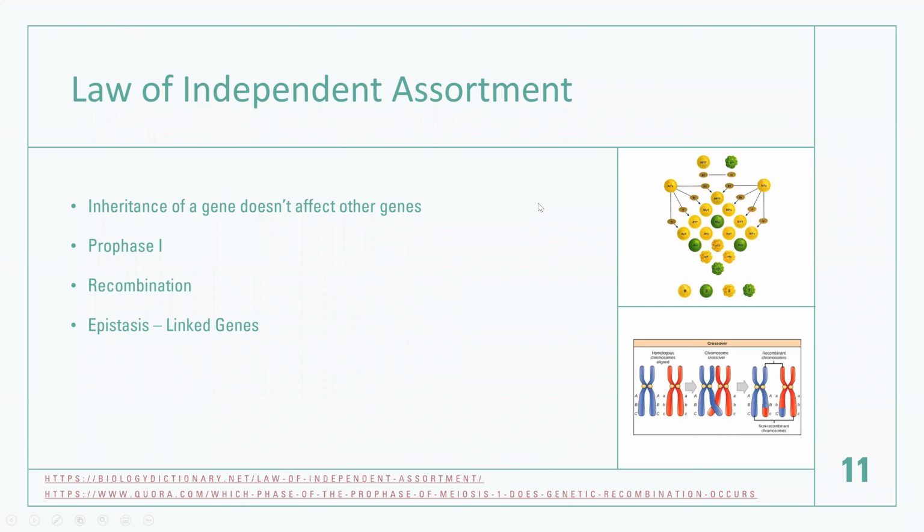This second law really depends on a couple important concepts of our chromosomes. Our chromosomes have centromeres. It is at these centromeres that our chromosomes are held and pulled apart. Like I mentioned before, we have homologous chromosomes, one from your mom and one from your dad. We also have sister chromatids.